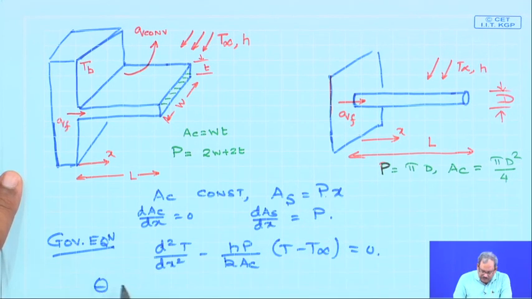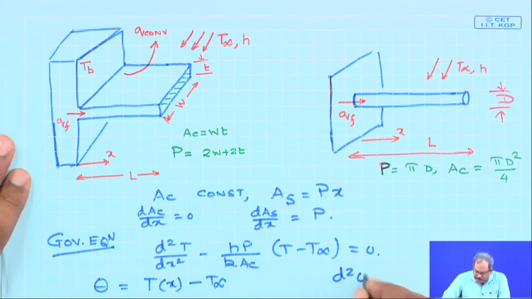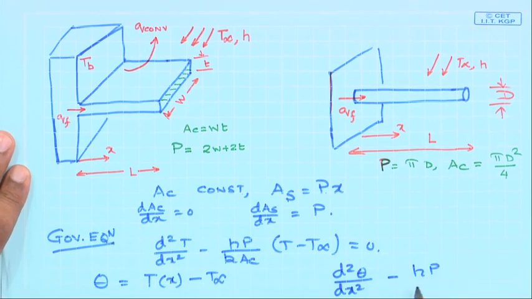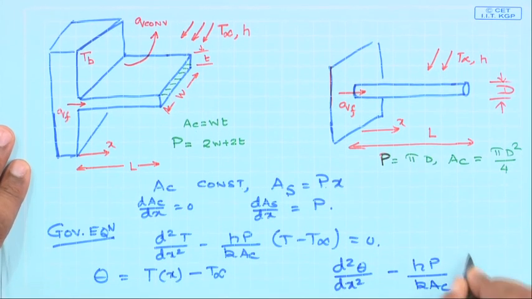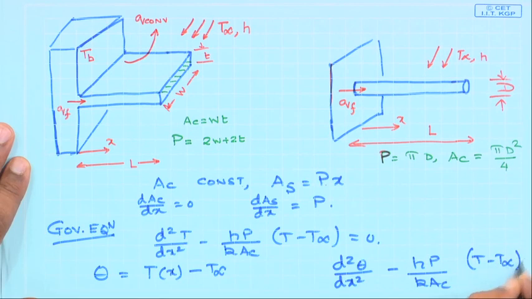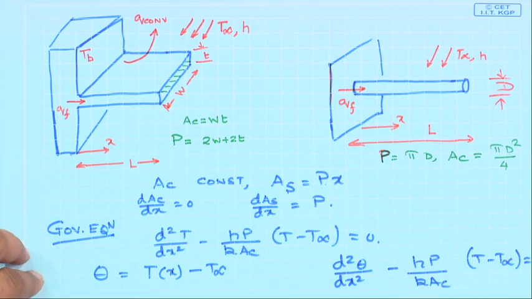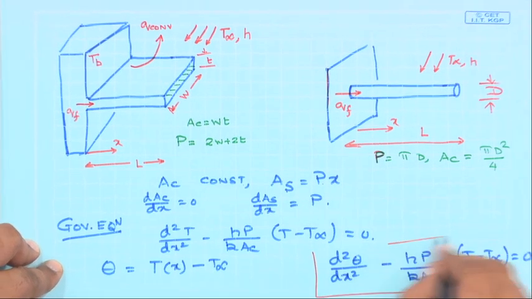So, if I define theta, which is an excess temperature, T, the temperature at any location, minus T infinity, then this governing equation should simply become a more compact form, d2 theta by dx square minus hP by kAc times theta is equal to 0. So, this is the same governing equation, but in a slightly more compact form.